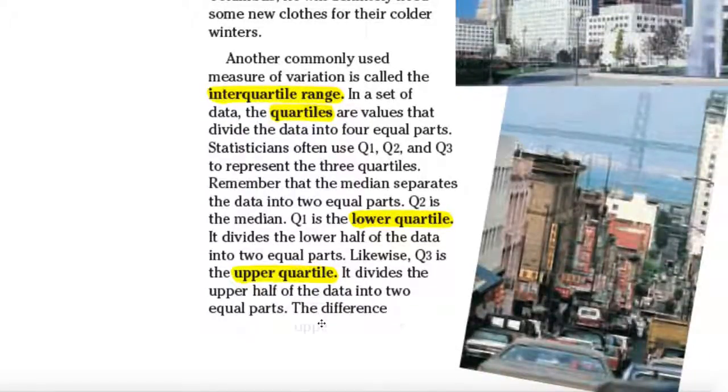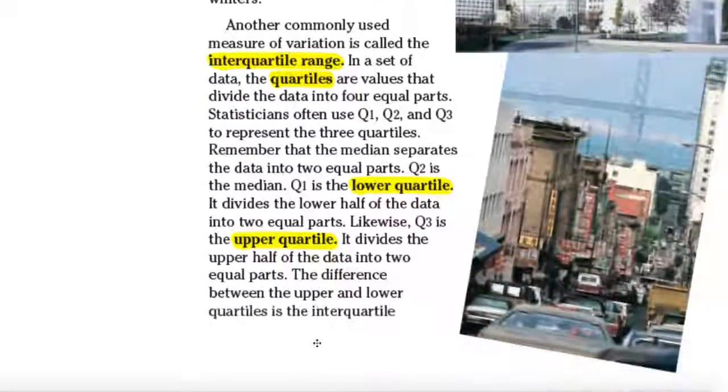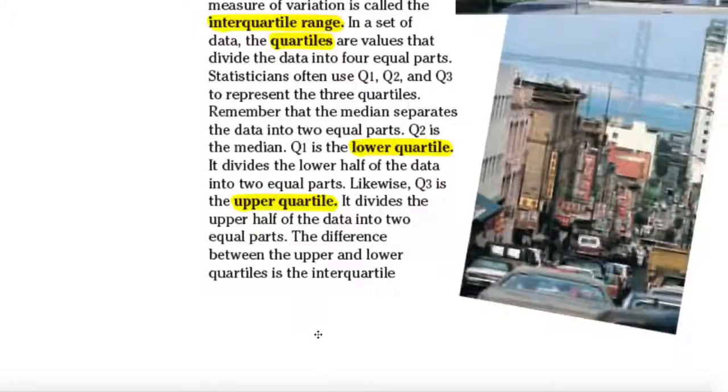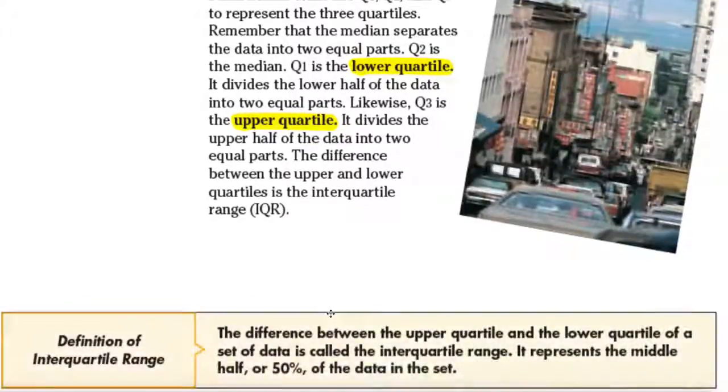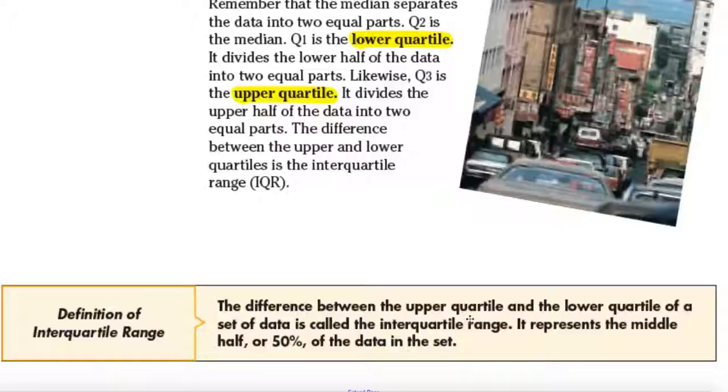The difference between the upper and lower quartiles is what we call the interquartile range, or the IQR. So let's define what IQR is. The IQR, the interquartile range, is the difference between the upper quartile and the lower quartile of a set of data.